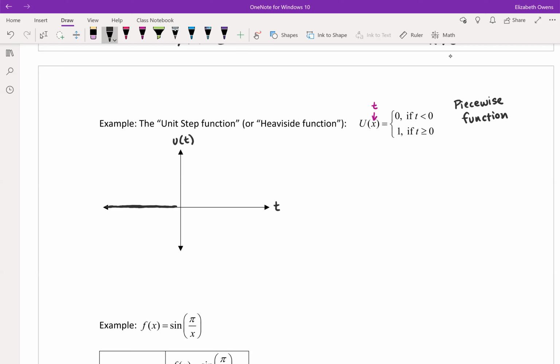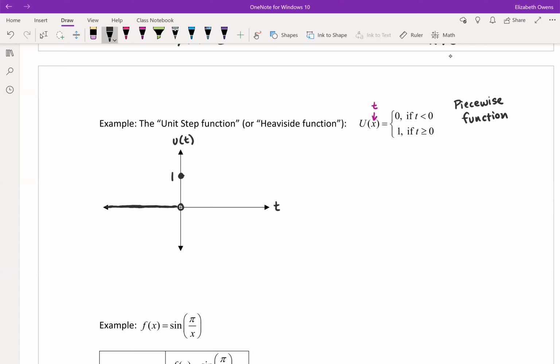And at t equals 0 itself, the function value switches to 1. So we'll say this is 1 right here. When t equals 0, u equals 1, so our point goes right there. Now, leading all the way up to t equals 0, the values are 0 along here.